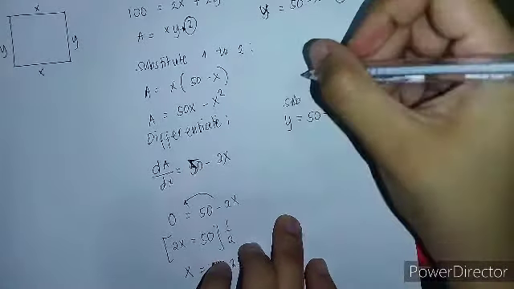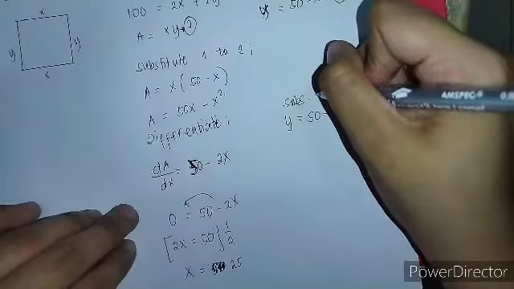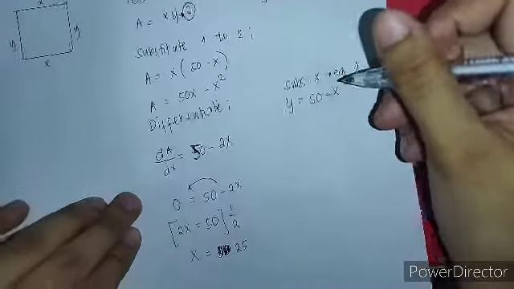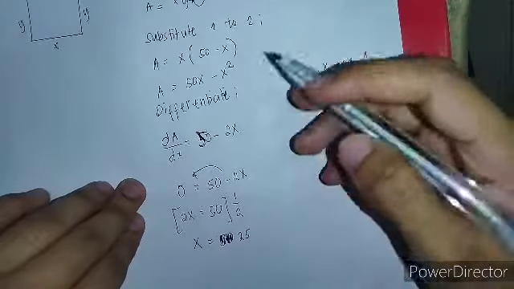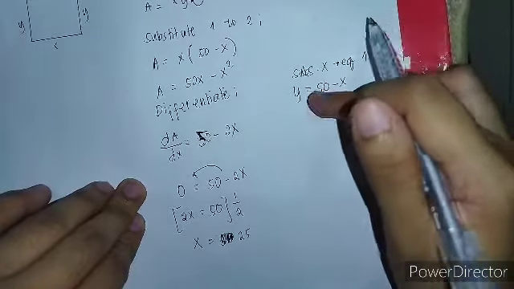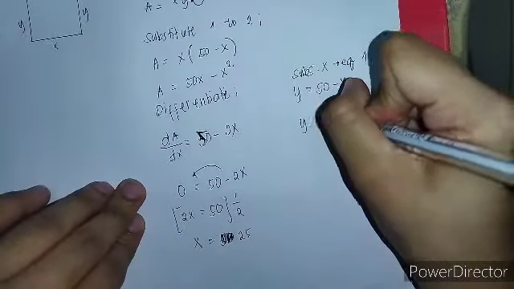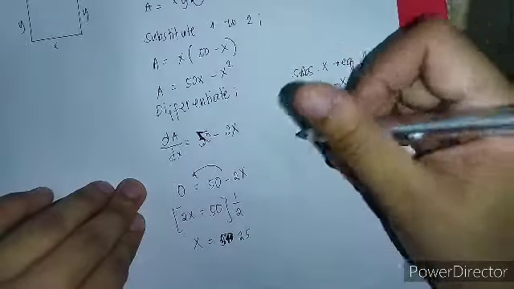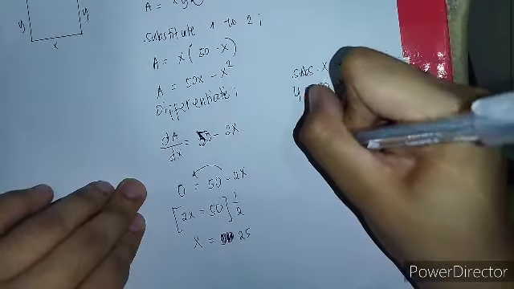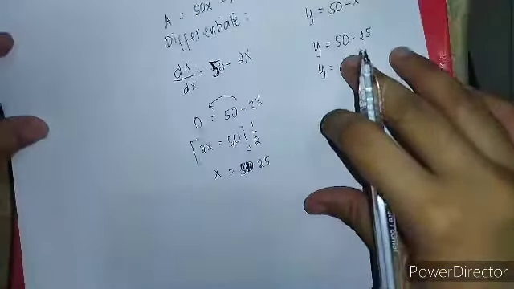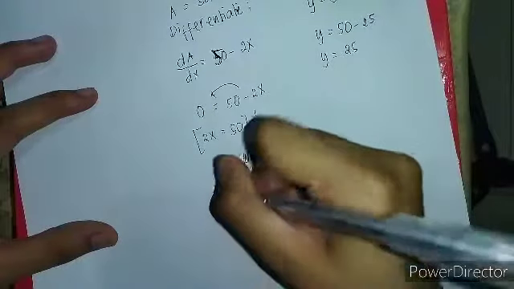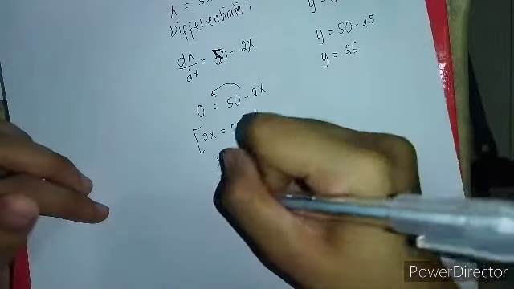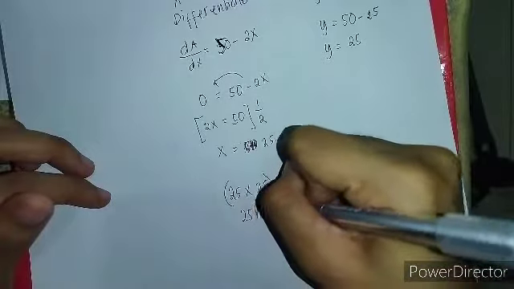We substitute x into equation 1, so y is equal to 50 minus 25, which is 25. So the dimensions would be 25 meters by 25 meters.